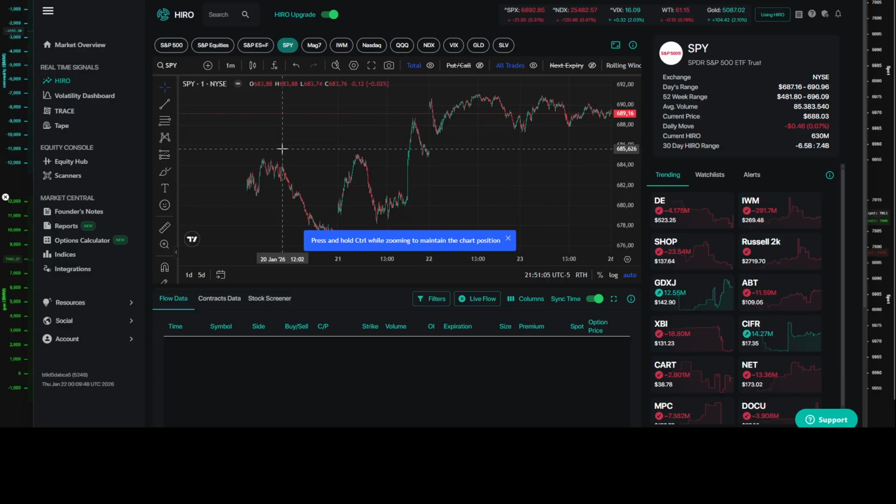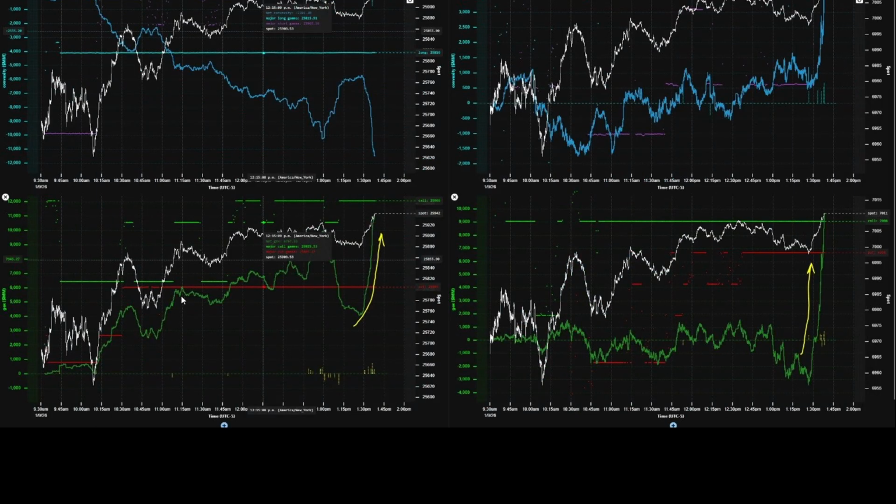Okay, in a session, you will see here the HIRO line. This is the net Gex in the session, and that kind of information gives us confidence to take long or short positions, because HIRO, and in this case the net Gex line, tells us if we are in a positive regime or negative regime.